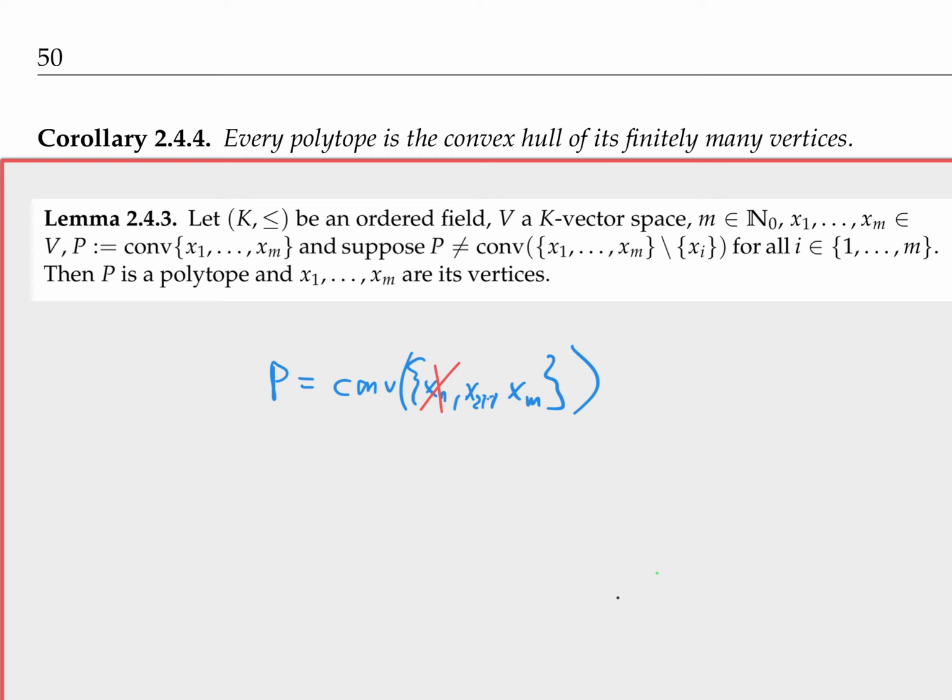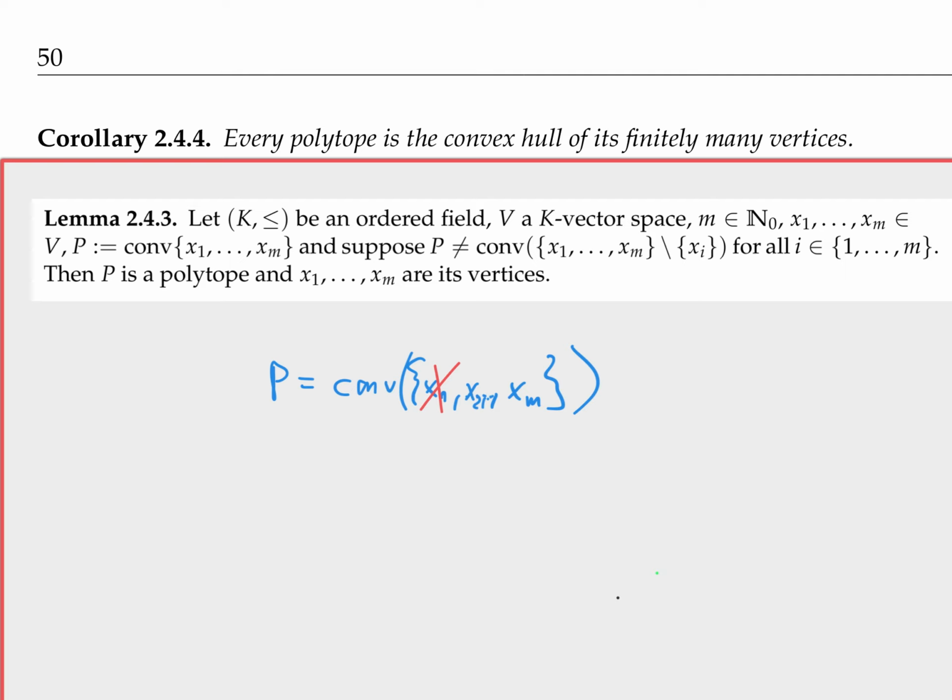And now we can go on like this as long as the condition is not fulfilled, I mean the condition saying that none of the xi's is redundant in this equation.